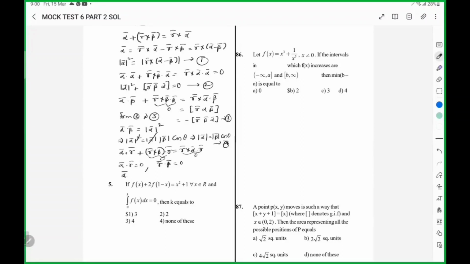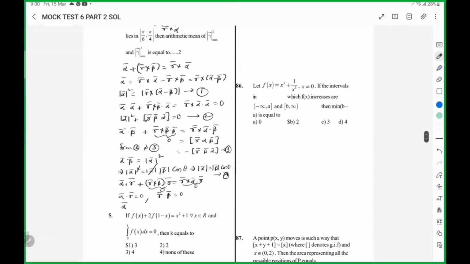So here alpha I can write from this, alpha here is gamma of alpha minus beta, because alpha dot gamma 0, gamma dot beta 0.